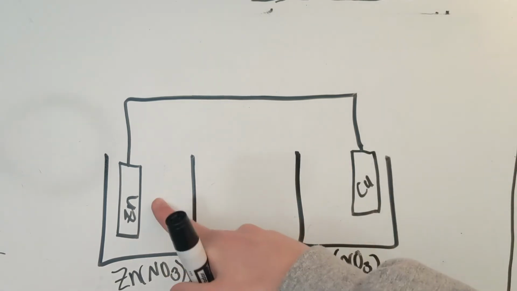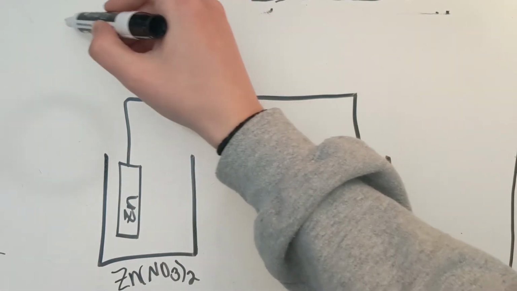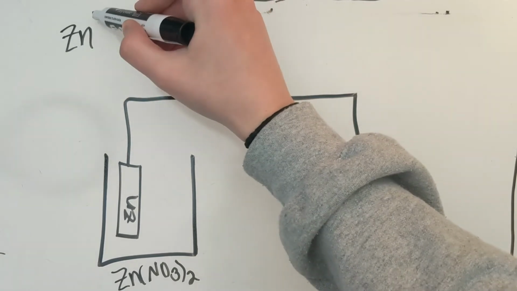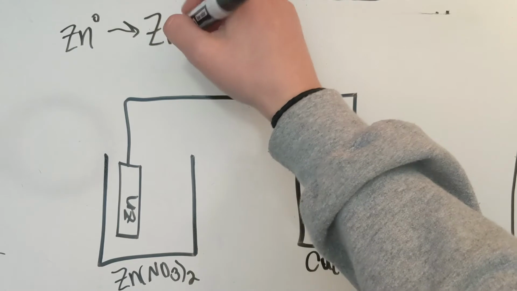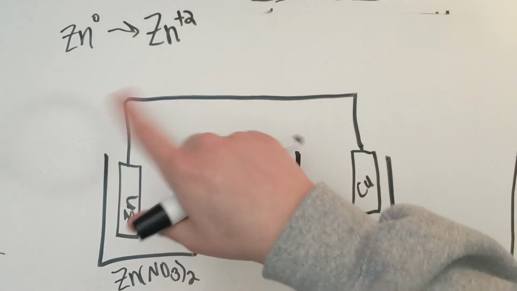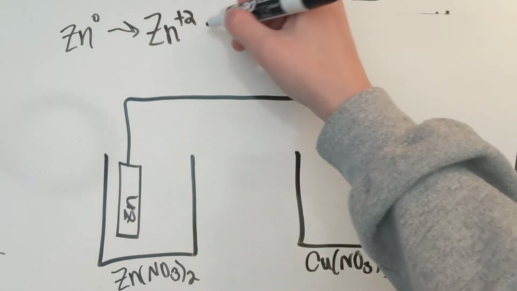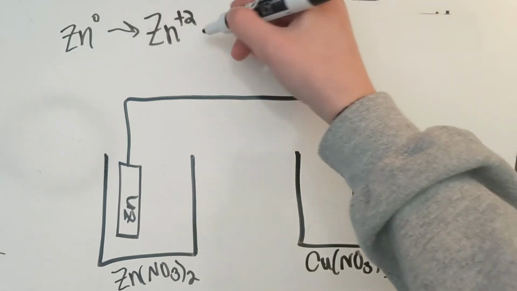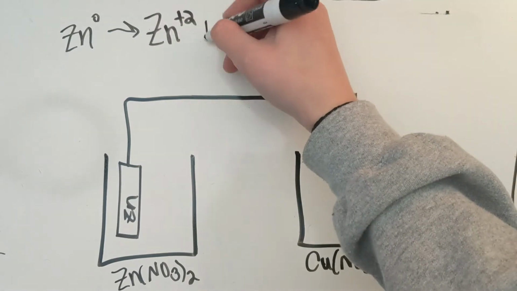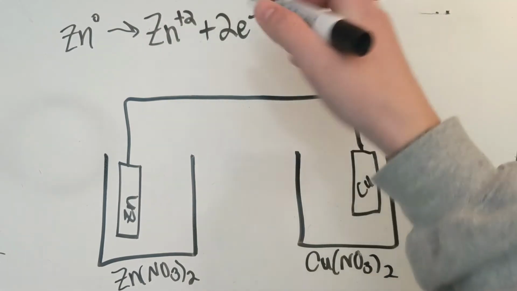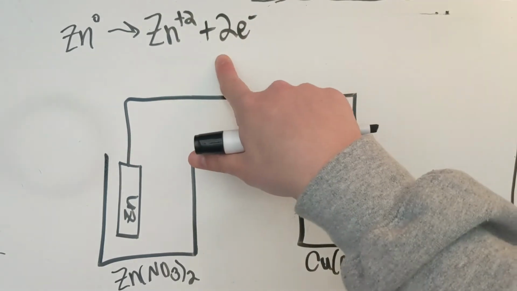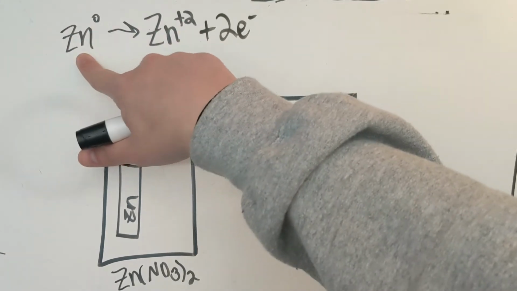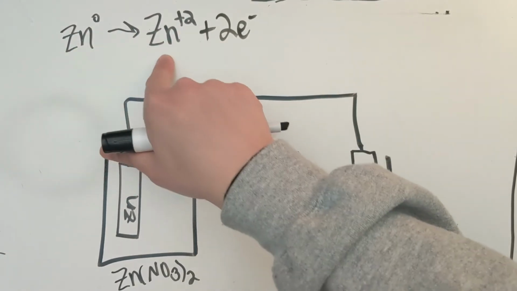The half reaction for zinc would be that we have zinc atoms becoming zinc ions. So if you look here, you should know that in order to balance this in terms of charge, I would put my 2 electrons here. +2 and -2 in total gives me an overall charge of 0 to match the 0 that's over here, and then I have 1 zinc on each side.